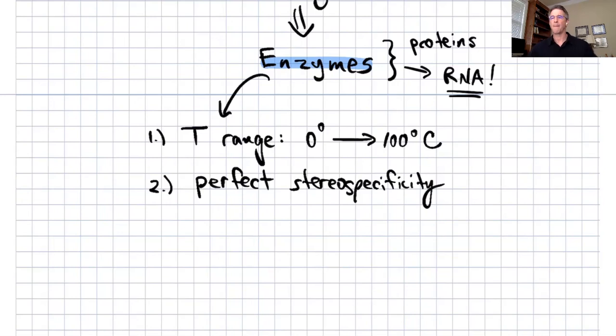But enzymes can be perfect, right? They can basically never miss, depending on the enzyme. They can also show incredible rate enhancements. Rate enhancements for enzymes can vary anywhere from 10 to the 4th up to 10 to the 14th, in terms of their ability to accelerate a reaction beyond the rate that it would spontaneously go.